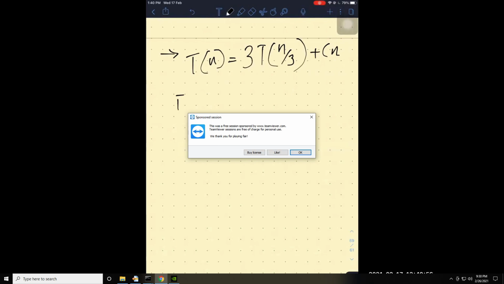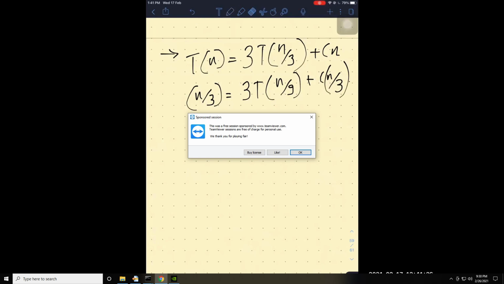So if we consider T of n divided by 3, then we will get 3 times T of n divided by 9 plus cn divided by 3.